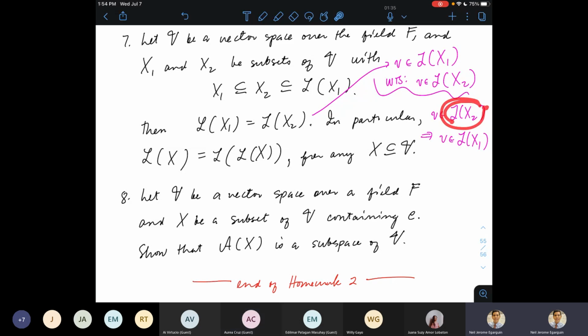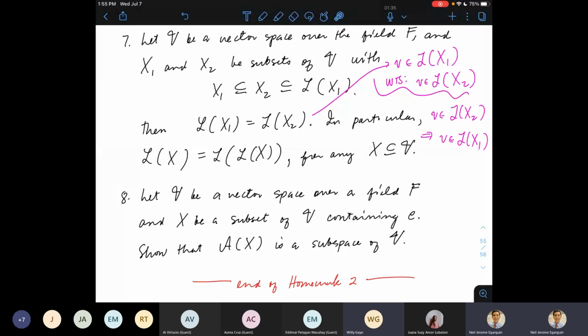So this is a subspace. Oh, it's actually reversed. I can still get it. Okay. L of x1 is a subspace.